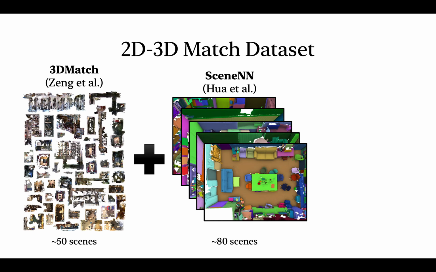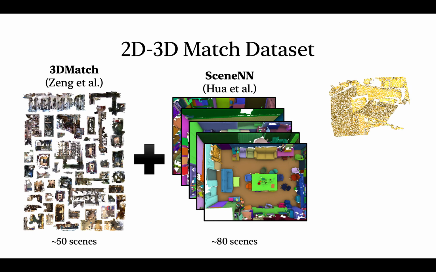The 2D and 3D correspondence data is generated as follows. Given a 3D point which is randomly sampled from a 3D point cloud, we extract a local patch from a radius.